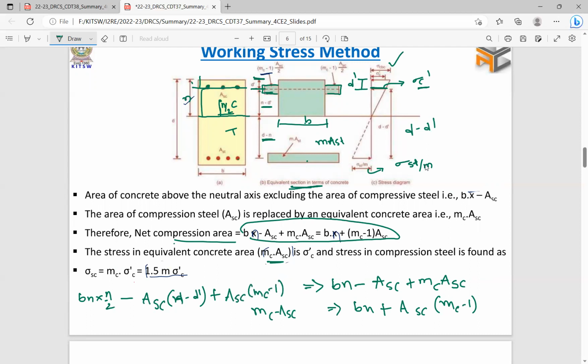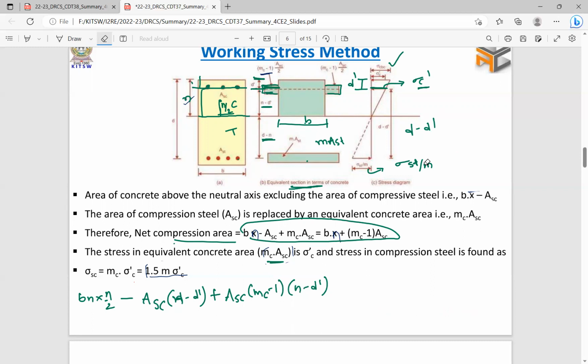So the equivalent concrete area, whatever we have calculated is written here, and it is located at a distance of n minus d dash. Again it is located at n minus d dash, into n minus d dash. So this is your equivalent moment.